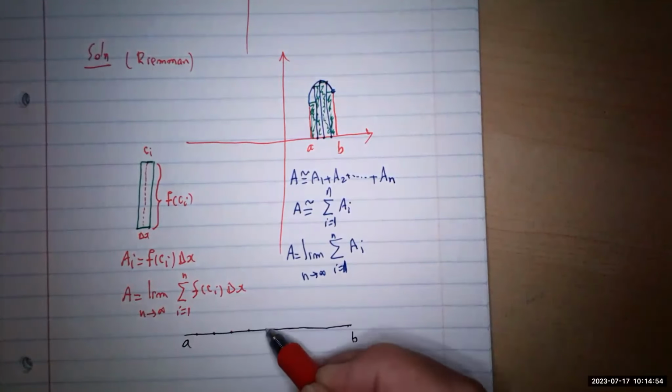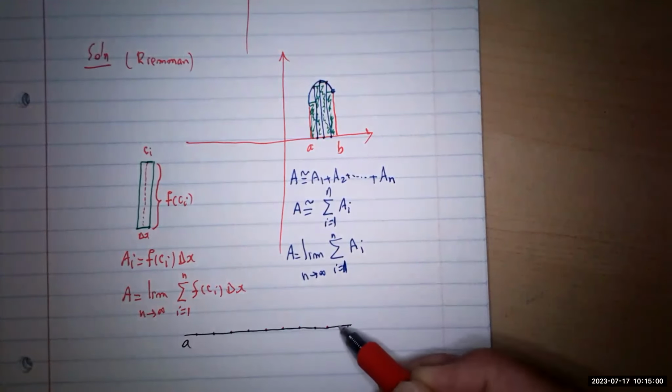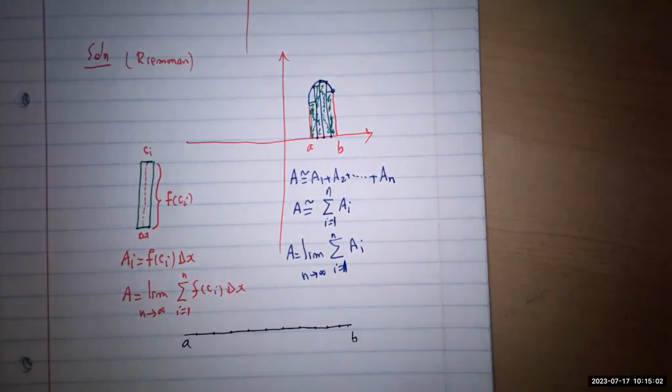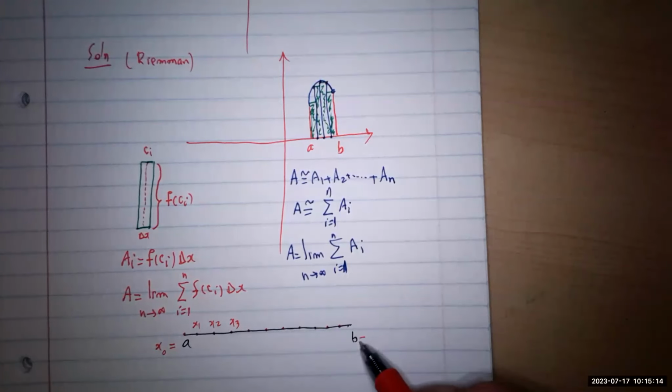It can be done in different ways, but I'll just give you roughly one case. These are equal parts. The first point, a, we are going to call x0. This is going to be x1, this is x2, x3, and you go up to xn.